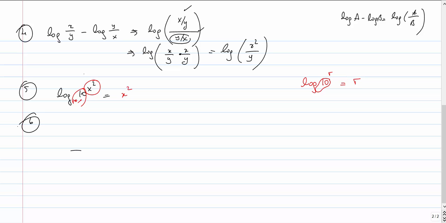Problem 6: 10 to the power log x squared is the same way. If the base and the base of the log term are the same, then the answer is the exponent, x squared.